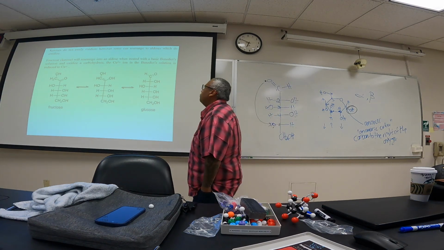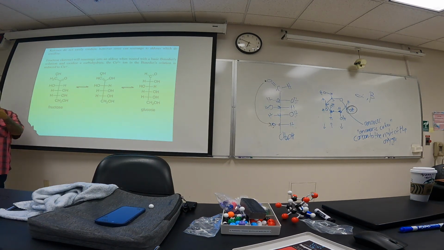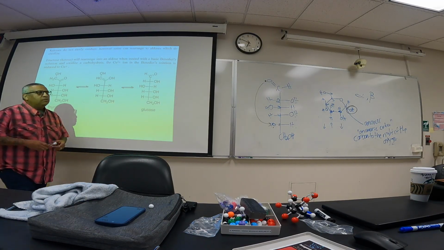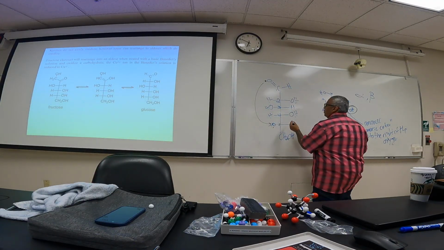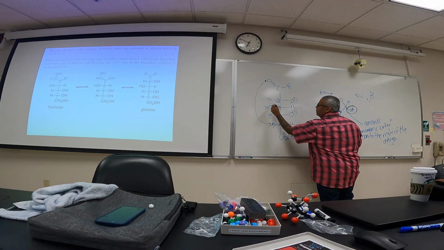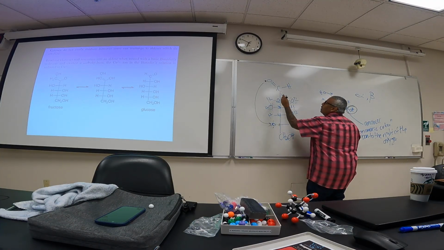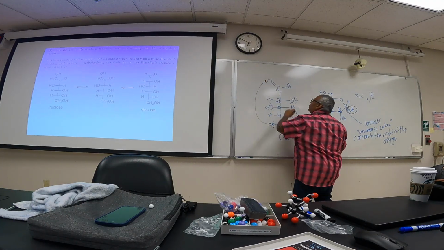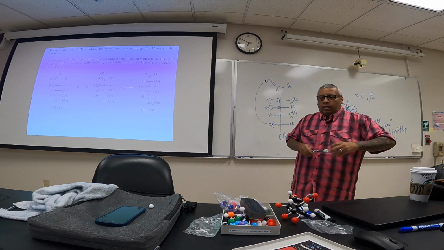Now, all of these carbohydrates have a lot of oxygen. When we have all these oxygens, we have an abundance of electrons here.